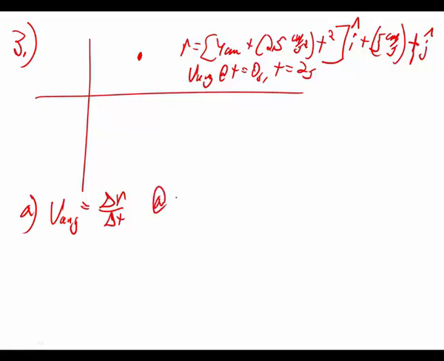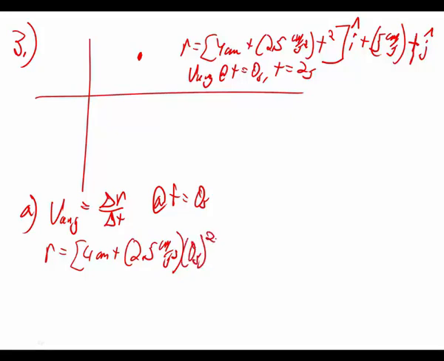Let's look at time equal to 0 seconds. Plug it in. We have R is equal to 4 centimeters plus 2.5 centimeters per second squared times 0 seconds squared, I, plus 5 centimeters per second times 0 seconds, J. That becomes really easy, doesn't it?